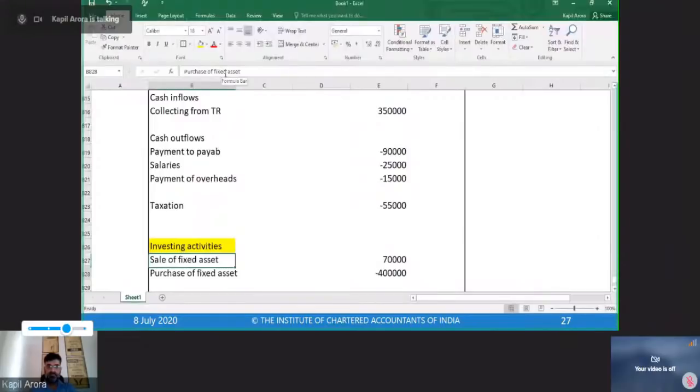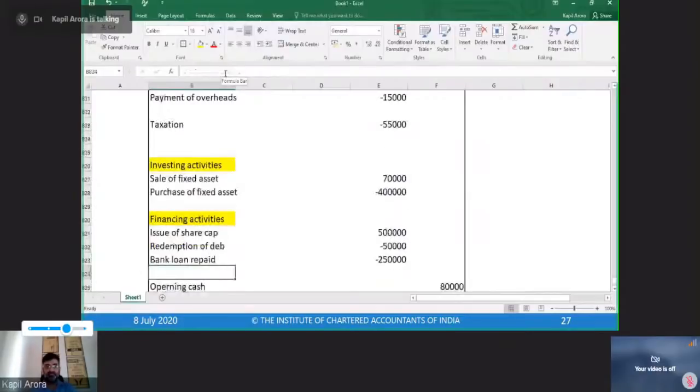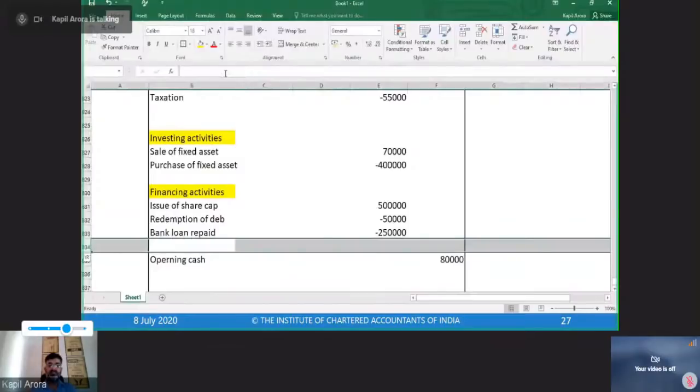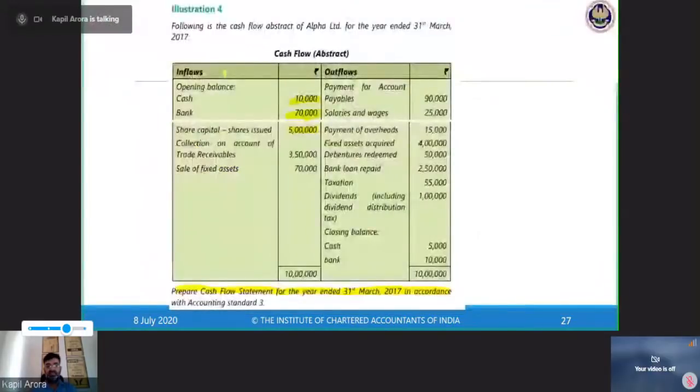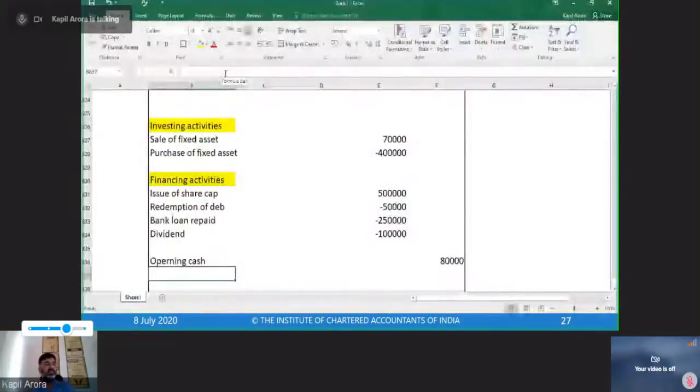And at last we have the closing balance, which is 15,000, that is 5,000 plus 10,000. So my closing number should come to 15,000 at the end.